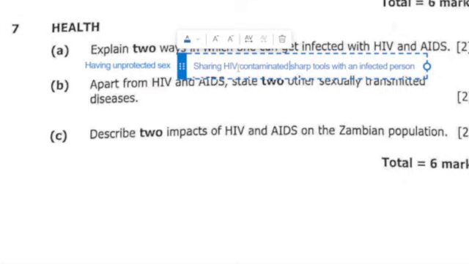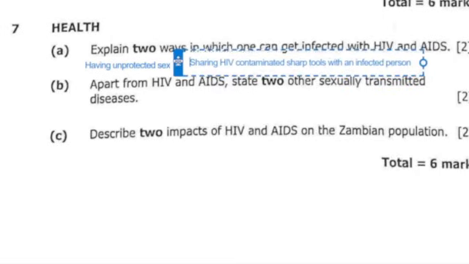Okay, meaning this sharp tool should be contaminated with the HIV virus on it. That is the other way you can contract HIV or AIDS. Space is not being friendly with me, that's why I'll just give you two instead of three. So those are the two ways you can contract HIV or AIDS.